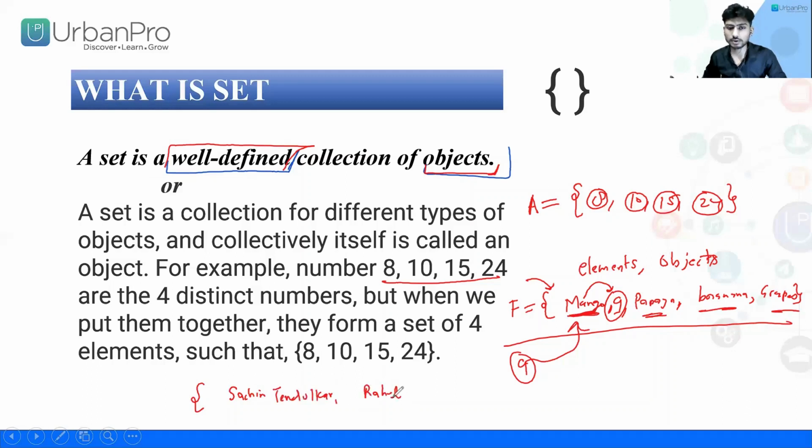Means we are taking the 10 best cricketers from India. Okay. Now I know these names, so I am writing these names. But if you ask some other person, he will give some other names, because in his view, the best cricketer will be different.